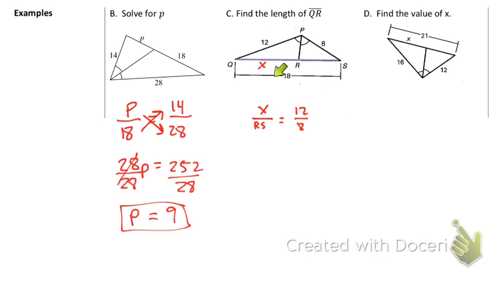So to figure out what RS is, we're going to take all 18 and subtract away R to Q. We know the measure's X. So when we subtract it away, what RS really is, is 18 subtracting away X. We want all the way 18, but we want to subtract away this length, and that length we know is X. This is how we get 18 minus X.